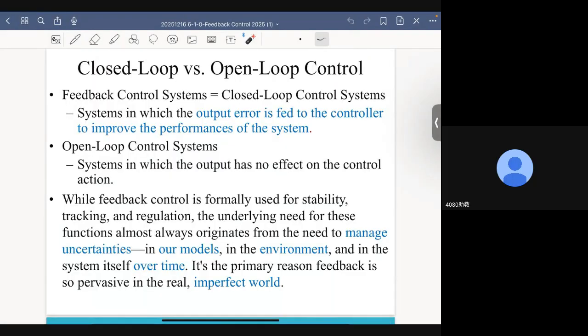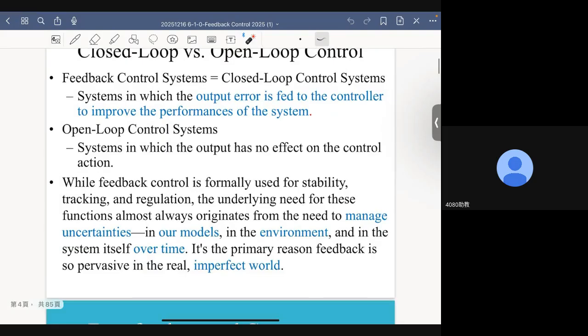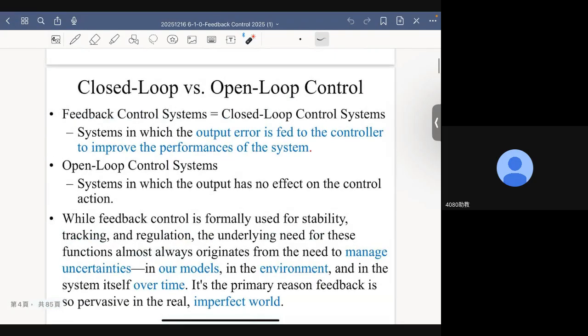But let's first review what we have learned in the previous week. The reason we want to study closed-loop controls is not just for better stability or better tracking error.